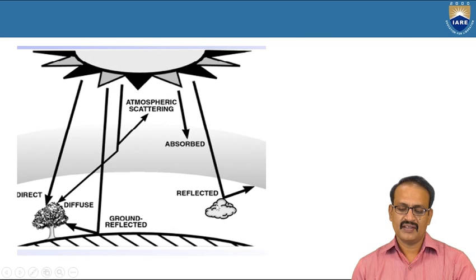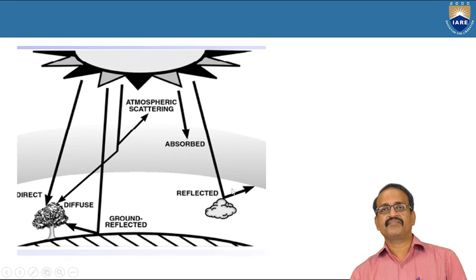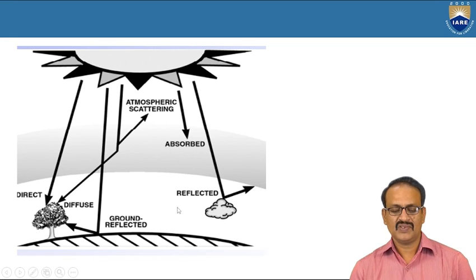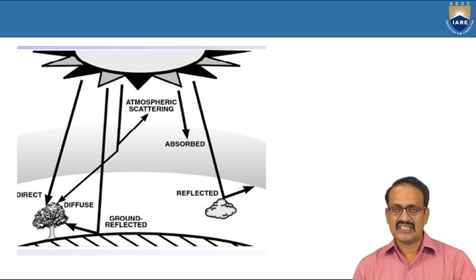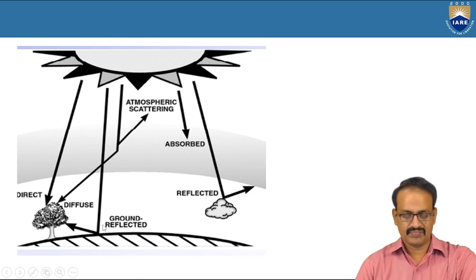This is what is happening. The cloud is in between. It has reflected it back to the atmosphere. So these many different things are happening to the sun's energy before it reaches the Earth's surface. After reaching the Earth's surface, again some of the energy is reflected back from the ground.